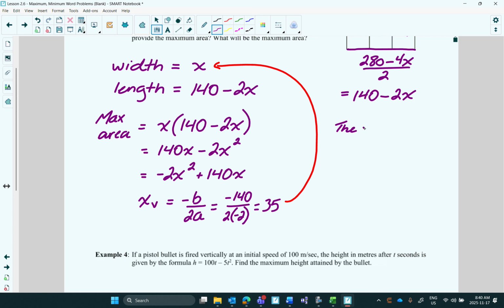So I'm ready to write my answer. The width is 35 meters. The length, how am I going to calculate the length? 140 minus 2 times what I found to be 35.